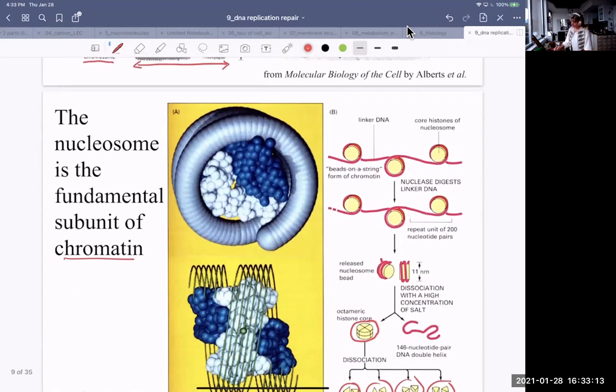So it's not all packaged the same way during mitosis. So chromatin has 2 forms.